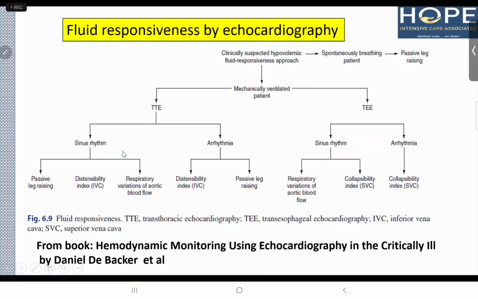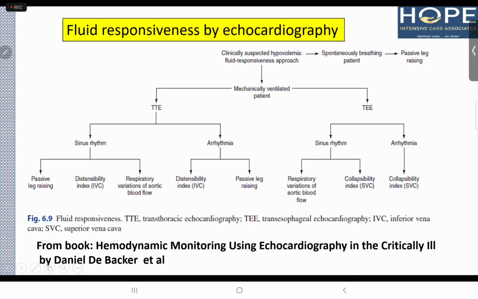For a mechanically ventilated patient in sinus rhythm, passive leg raising, IVC distensibility, or respiratory variation of aortic flow can be used. If the patient has arrhythmia, passive leg raising can still be used, and IVC distensibility can be used. In case of transesophageal echo, which we rarely use, this is the pattern we can use.